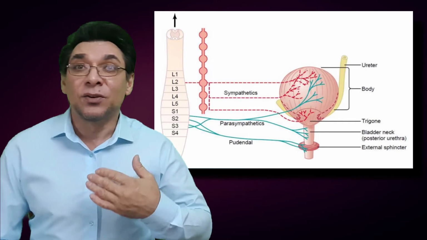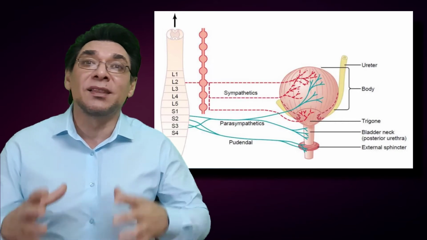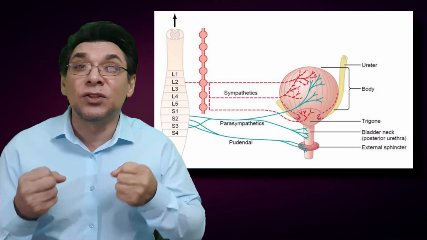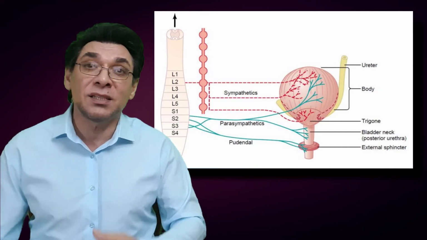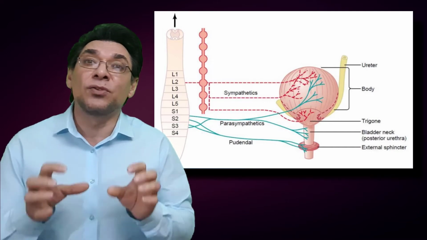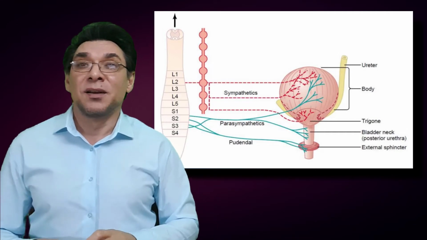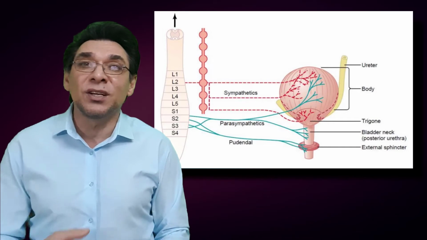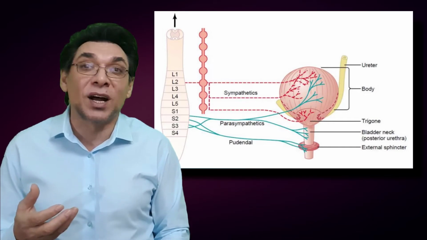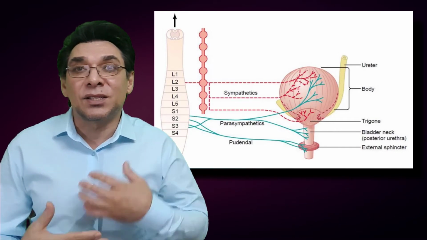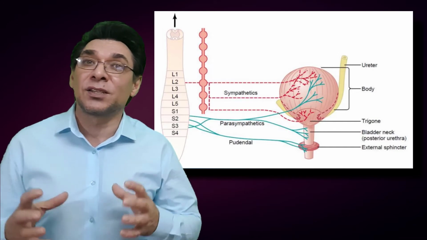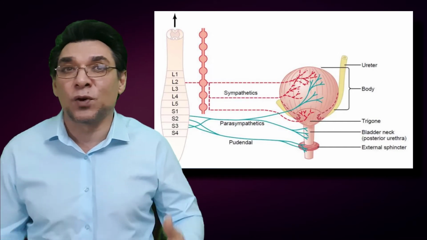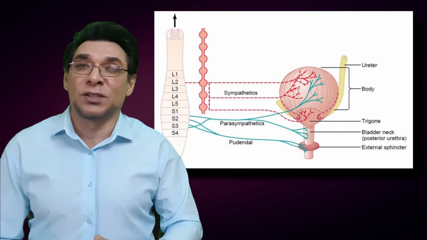Integration of the reflex occurs in the spinal cord, and action potentials are conducted along parasympathetic nerve fibers to the urinary bladder. Parasympathetic action potentials cause the urinary bladder to contract. The external urinary sphincter is normally contracted as a result of stimulation from the somatic motor nervous system.